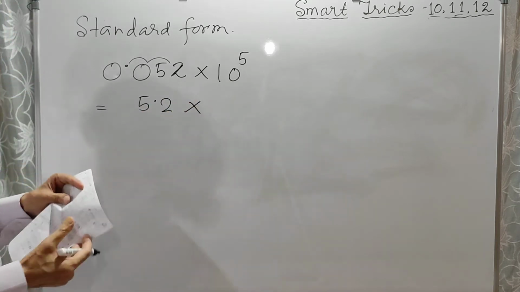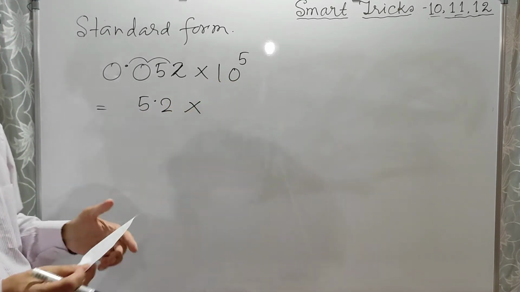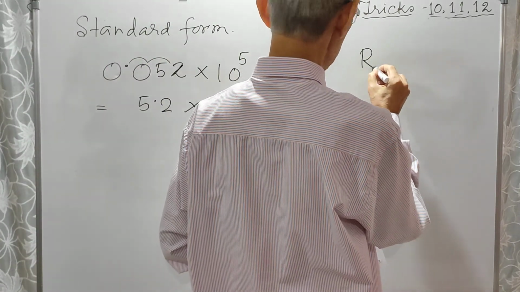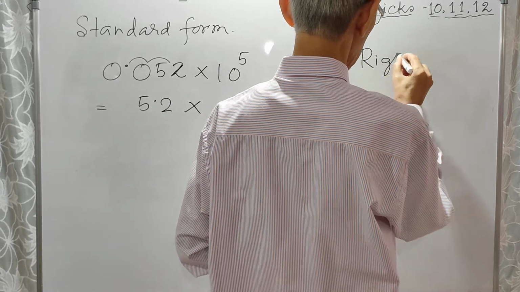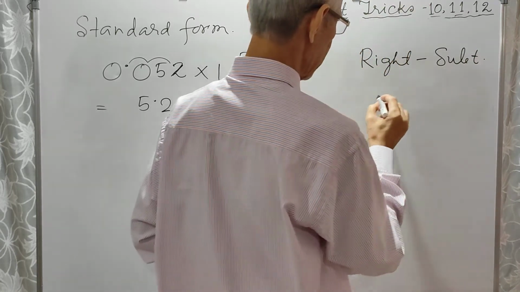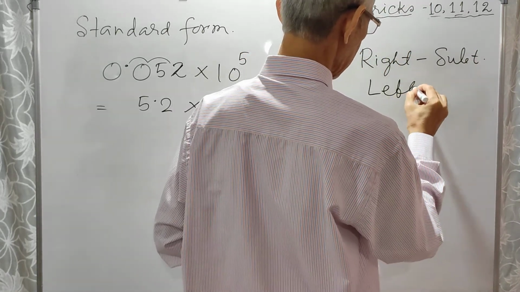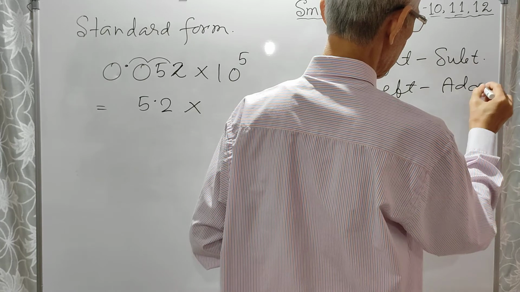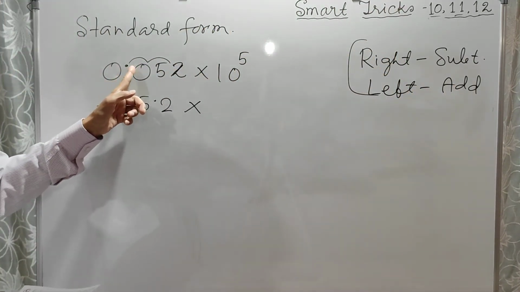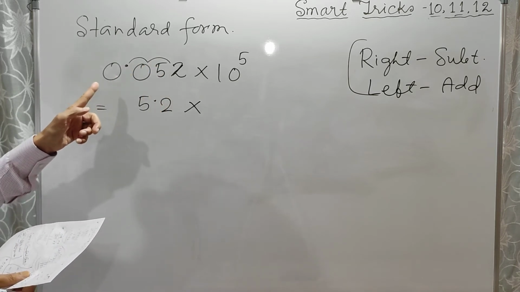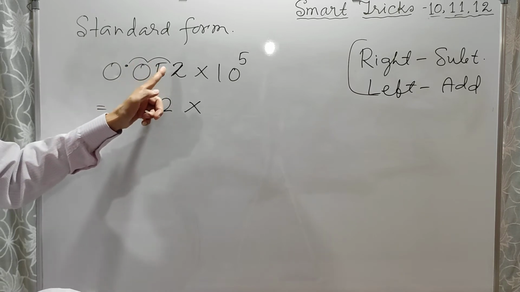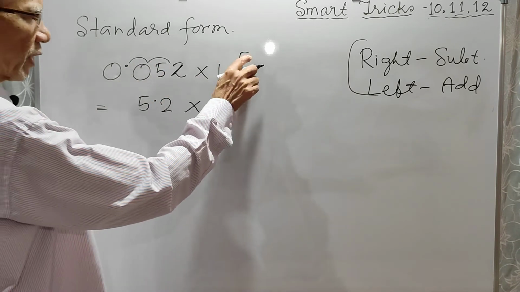5.2 into, now this must be changed. So how will it change? Yeah, this is a rule. So remember, when you shift the decimal to the right, you have to subtract. And when you shift the decimal to the left, you have to add. So remember this simple rule. We have shifted the decimal 2 digits to the right. Therefore, we must subtract 2 from here.